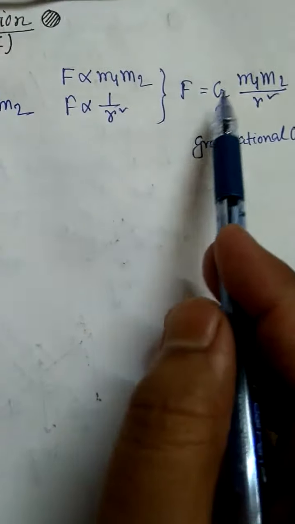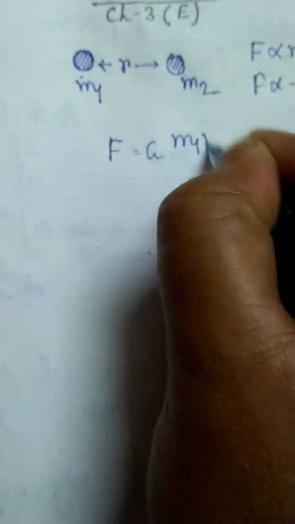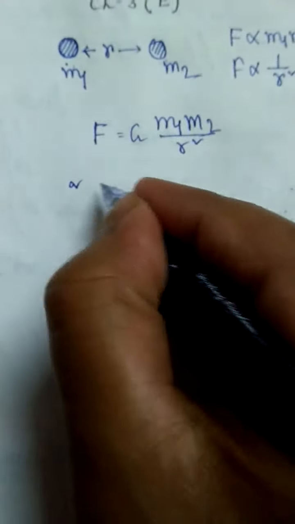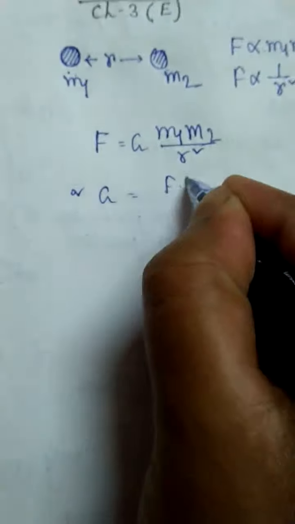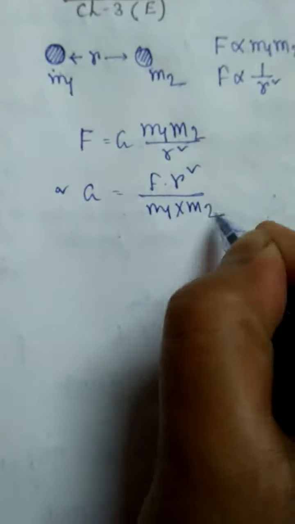Before finding the SI unit, let's find what G is equal to. We got the equation F equals G into m1 m2 by r square. So directly we can write G equals F into r square by m1 into m2.